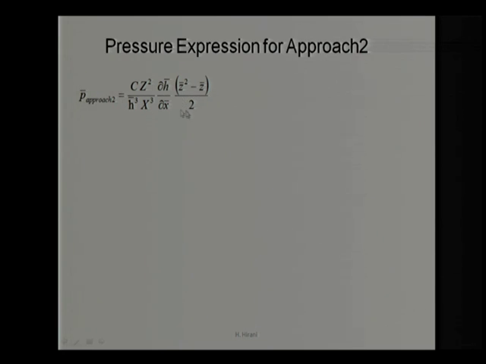This satisfies both conditions we stated initially: pressure should be 0 when z bar is 0. Substitute 0 here, substitute 0 here, overall pressure will be 0. Then when z bar is equal to 1, we put 1 here, 1 square minus 1 will again be 0. That means this satisfies both boundary conditions which we substituted, and we got this expression.